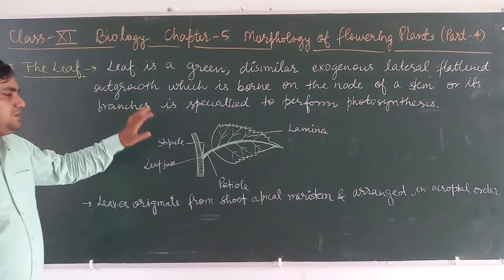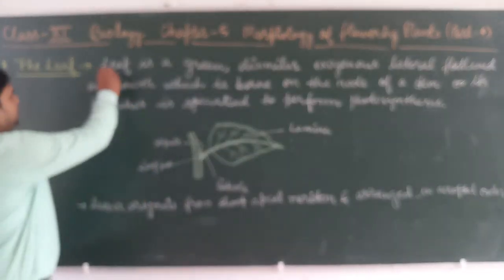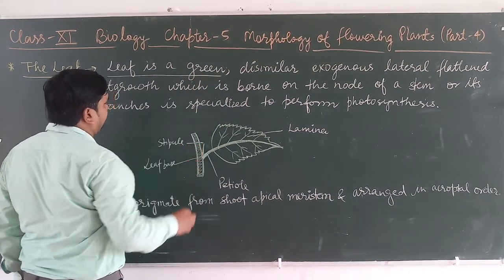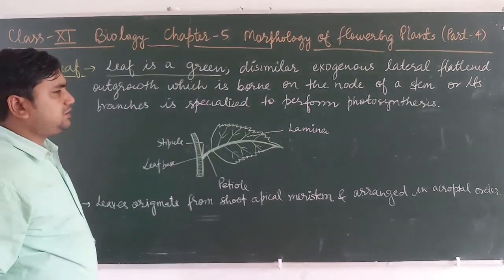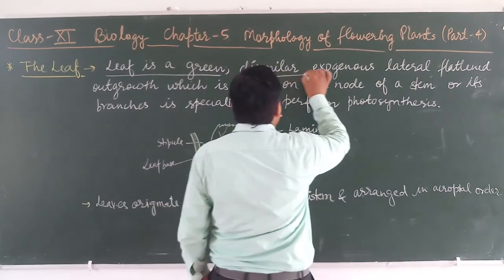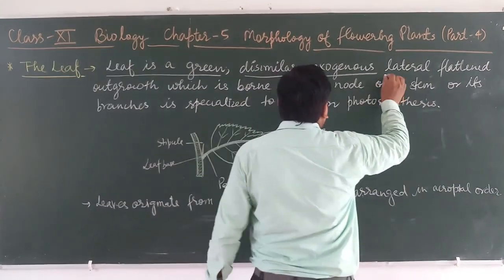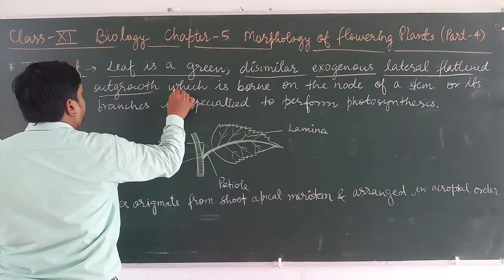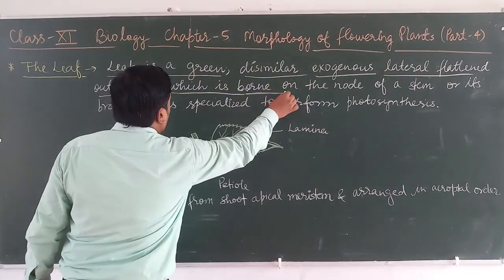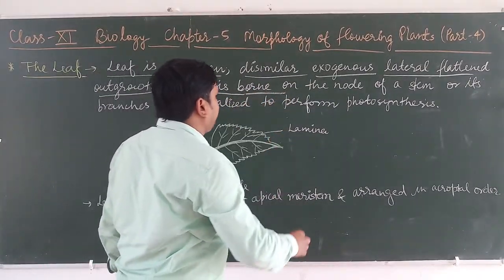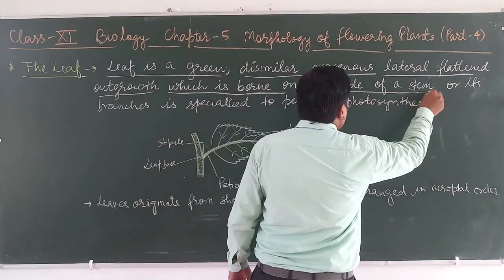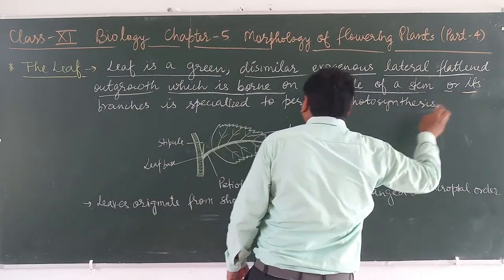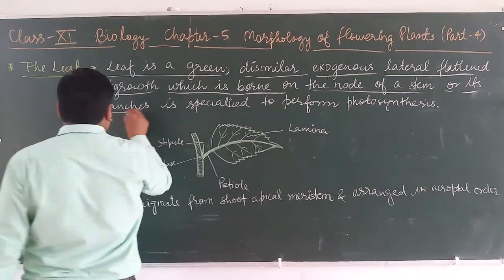Leaf, very simple. A leaf is generally green in color, and it is a dissimilar exogenous lateral flattened outgrowth, which is borne on the node of a stem or its branches.